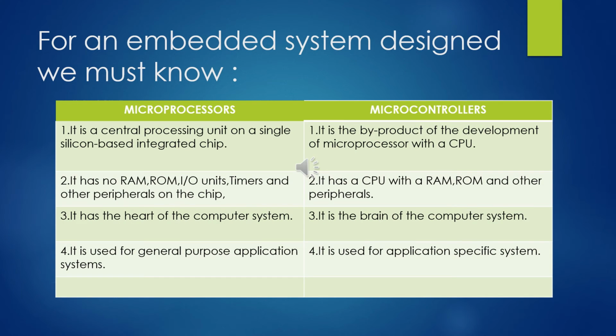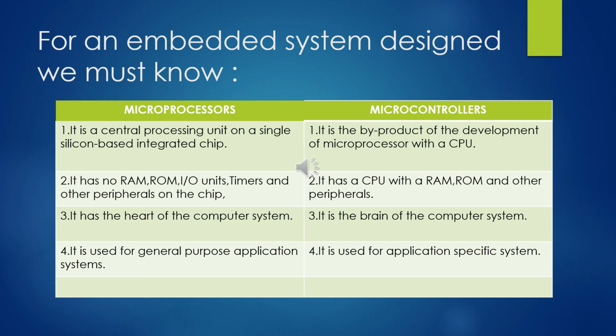Now, for an embedded system design, we must know microprocessor and microcontrollers. Microprocessor is a central processing unit on a single silicon-based integrated chip. It has no RAM, ROM, input-output units, timers, and other peripherals on the chip. It is the heart of the computer system, and it is used for general purpose application systems.